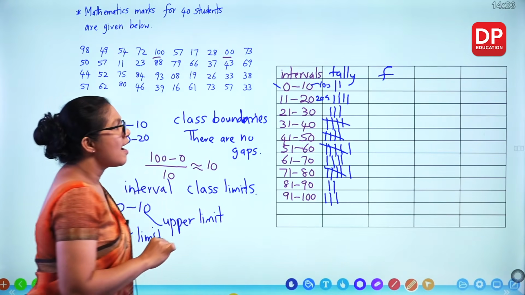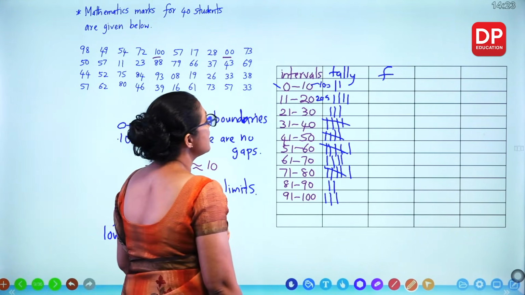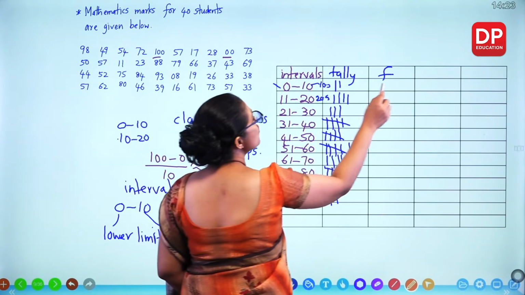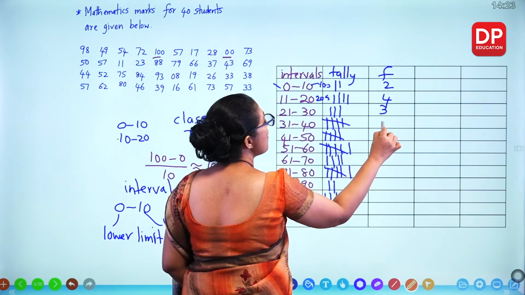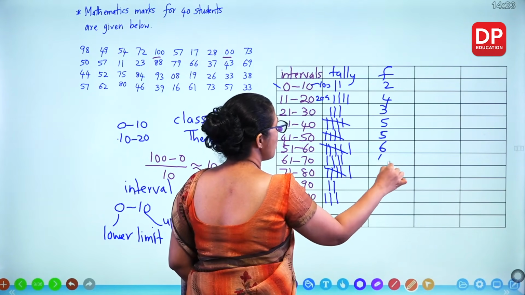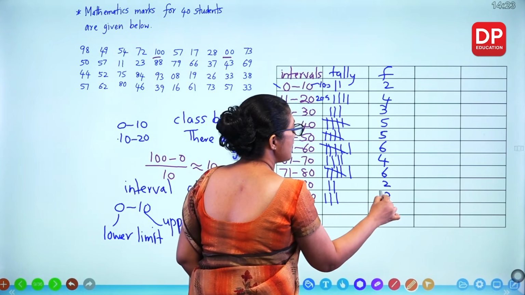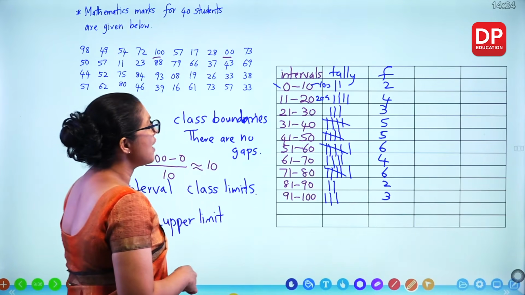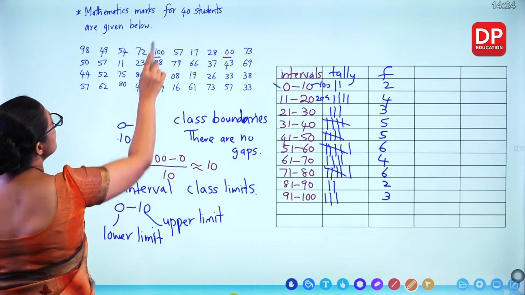Now we'll see how many students are in each class interval. This is 2. This is 1, 2, 3, 4, 3, 5, 5, 5, 6, 4, 5, 6, 2, 3. Now, when you add all together, you need to get 40.